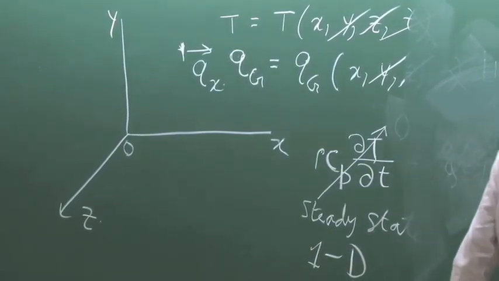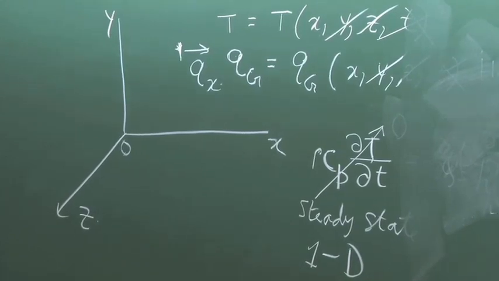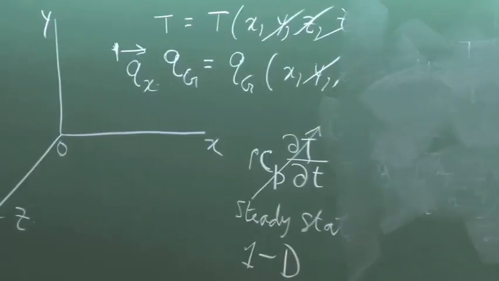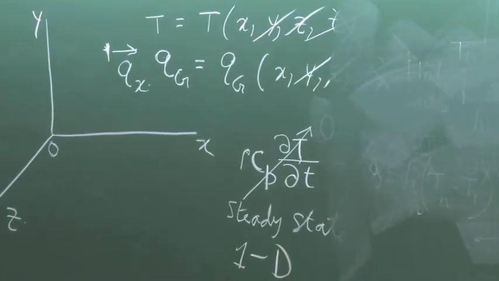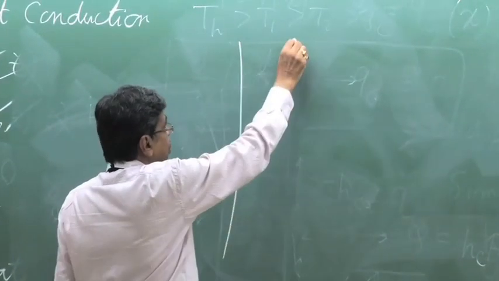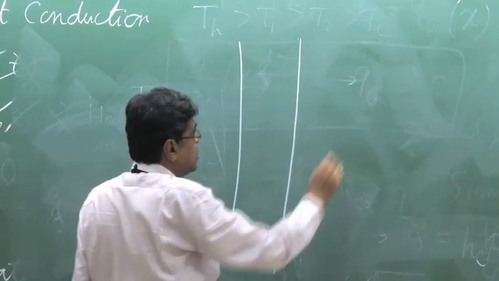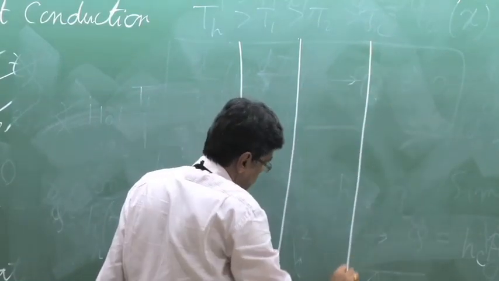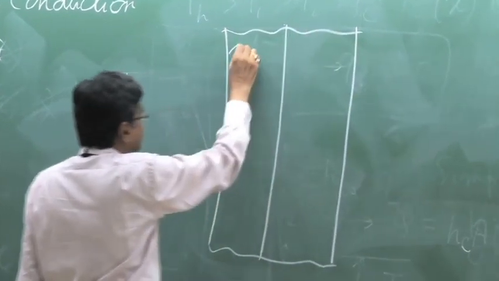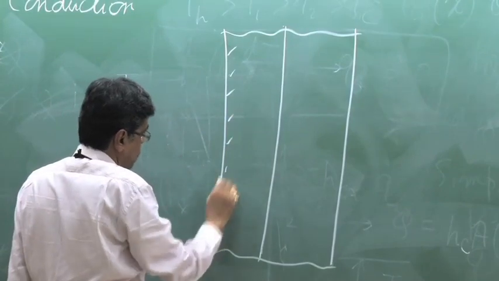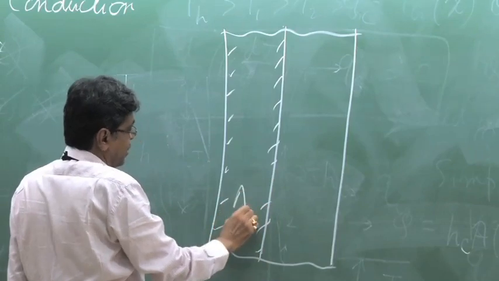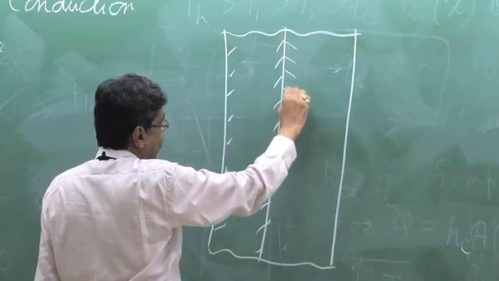Sometimes we have a composite wall, for example, like this. This is one wall, let us denote it by A, and this is another wall.